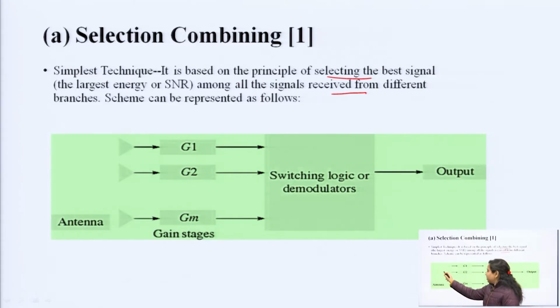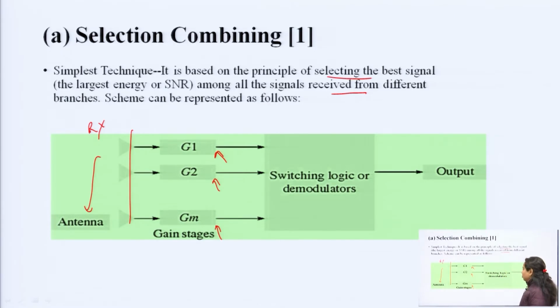Now, you can see that these are the different receiver antennas, signals will be received from different paths. These are the antennas. Now, these are passed through different paths which have different gains like G1, G2 up to Gm. So, these are the different gains through which the signals will be passed.